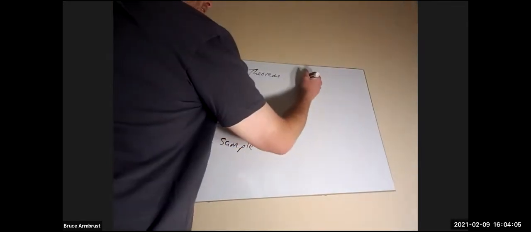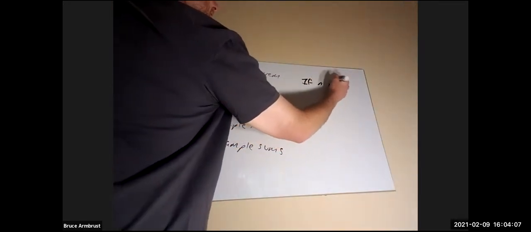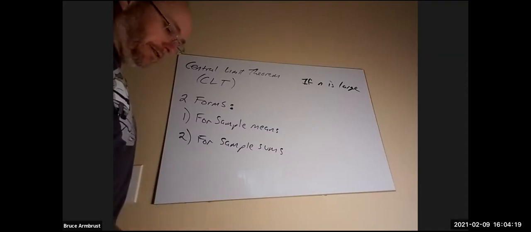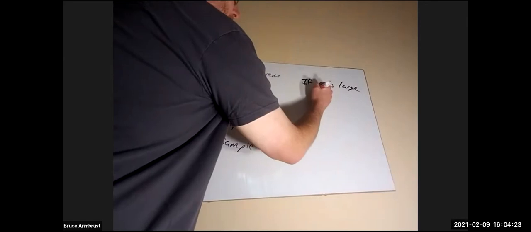All right, well, what does the central limit theorem say? All right, well, for both of these forms, what's kind of nice is that if n is large, okay, so n, remember what n is in general when we're talking about statistics. N is the size of our sample, right? So if n is large, put here, big sample.